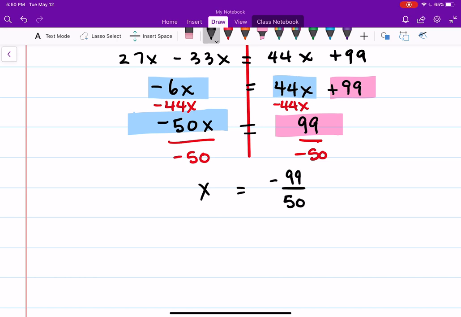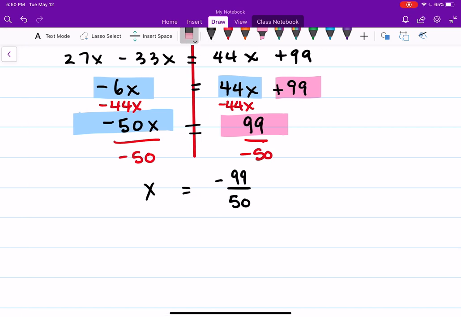Now I can't leave the negative on the bottom because we don't like negatives in the denominator. So I can either do it this way. I can either put it on top or put it in the center.